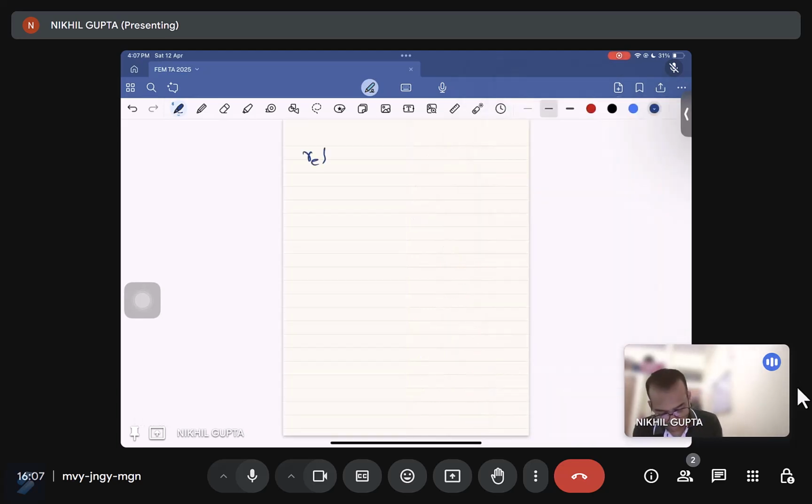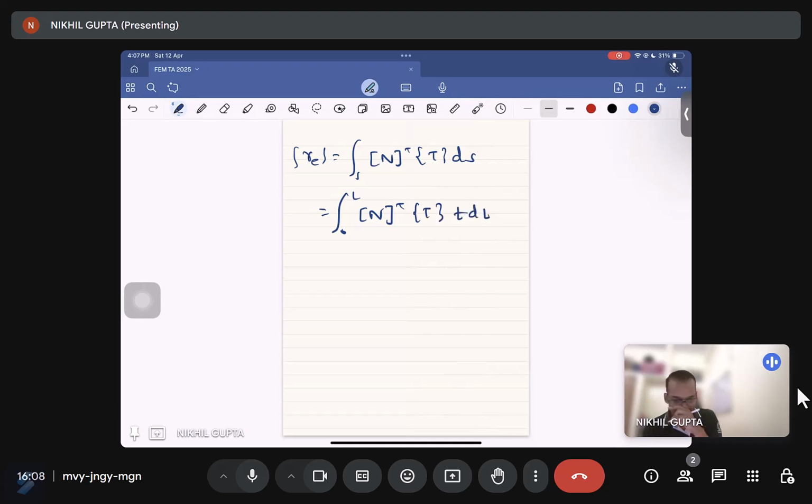We all know the load vector of the element is given like this. Now you have dS, due to area. So what you can do, you can write it as t dL and do a line integral for this problem.